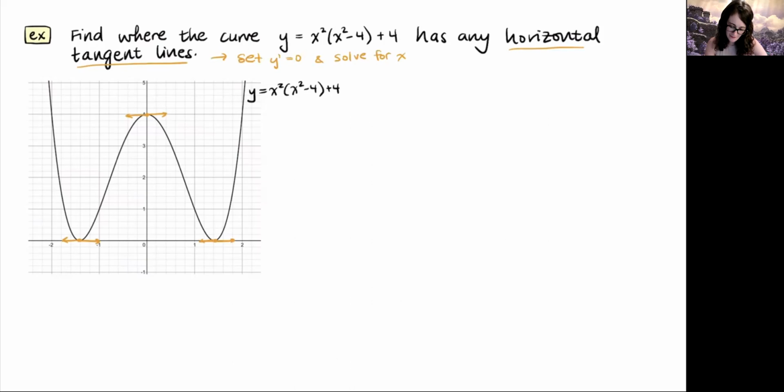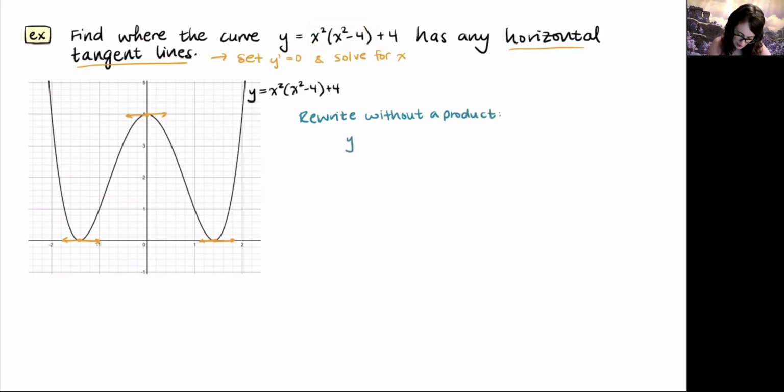However, our y, again, has a product here. We need to get rid of that product using algebra. So we want to rewrite the function without a product. So in other words, just distribute that x squared into the parentheses, right?